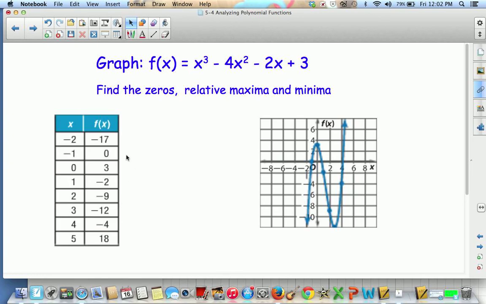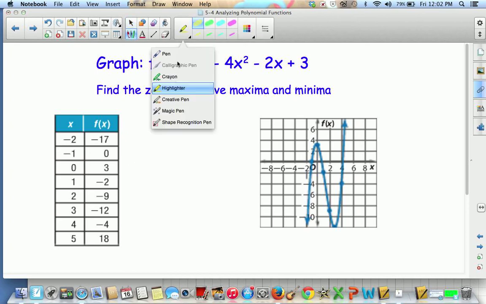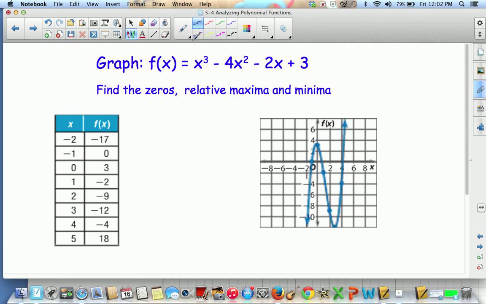So now we can find the relative max and minimum. And we can find zeros as well. We have a 0 right here, because that's pretty obvious. F of x is 0, so we have a 0 right here. And this right here would indicate 0, 3.